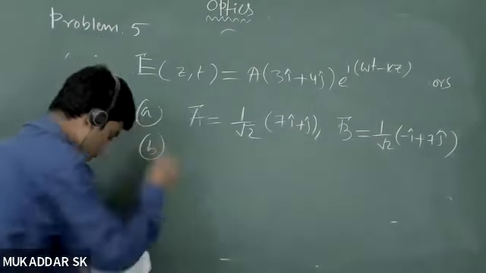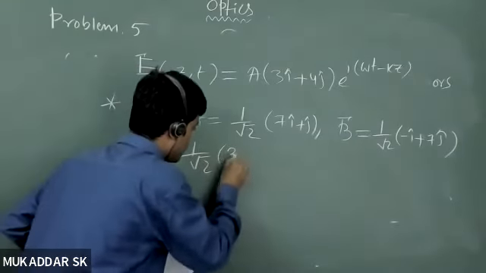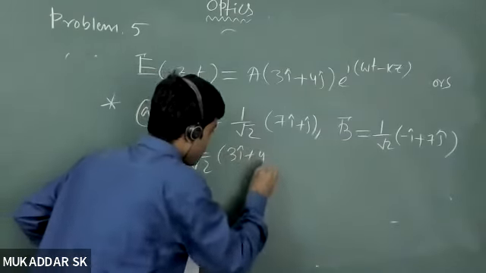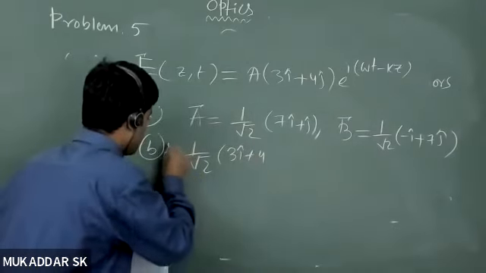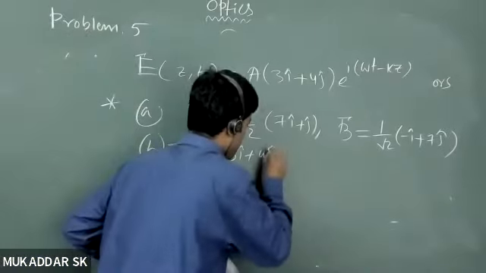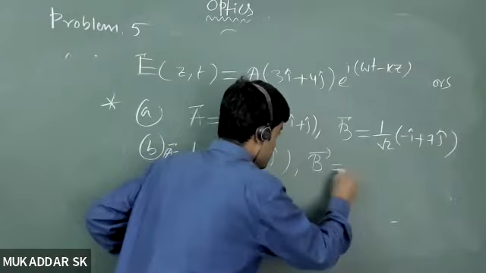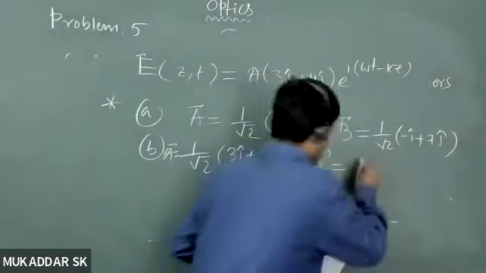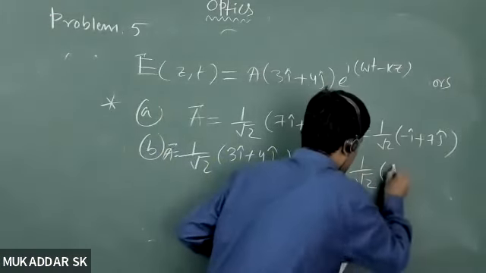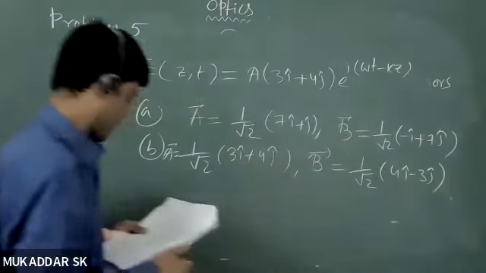Another option is 1 by root 2 (3i + 4j), and another fast axis is given, that is 1 by root 2 (4i − 3j).